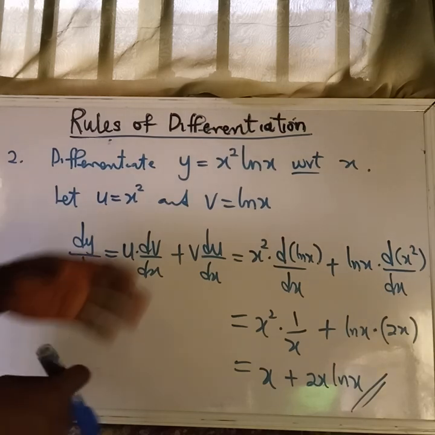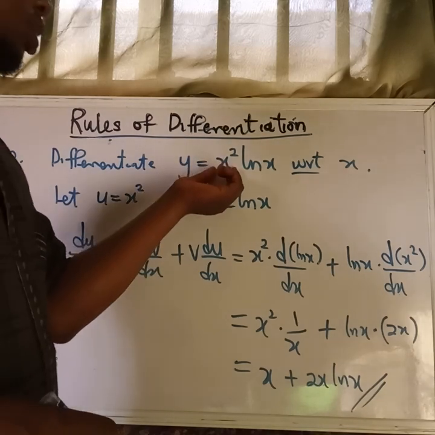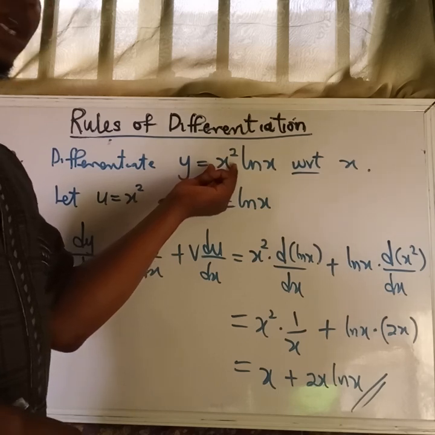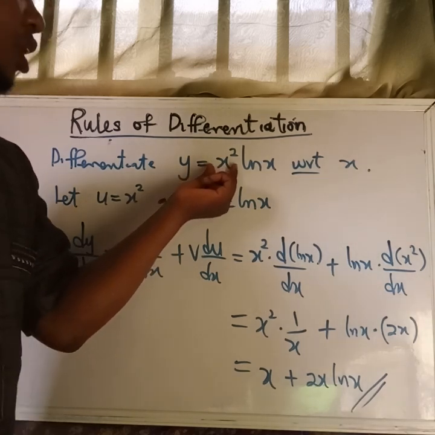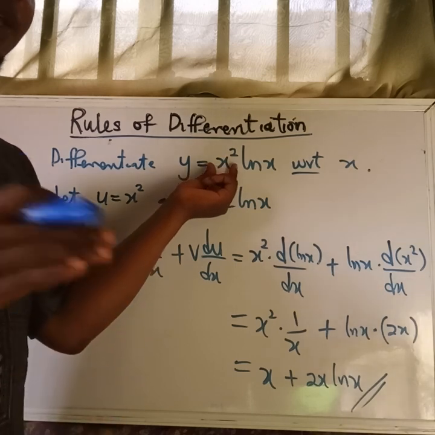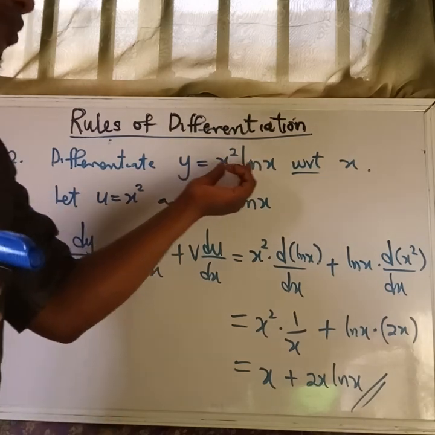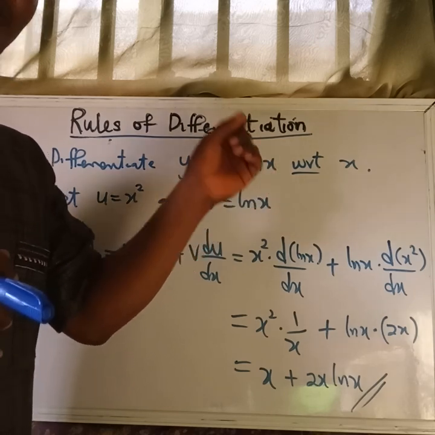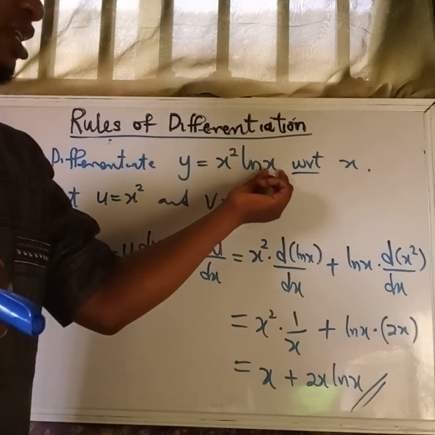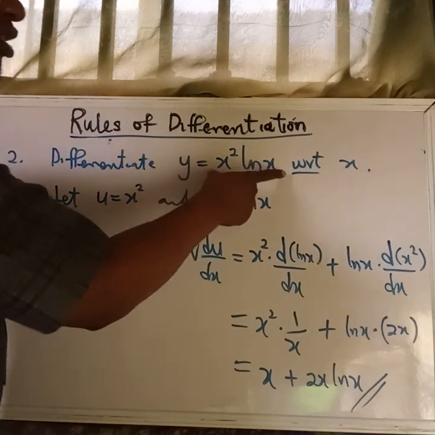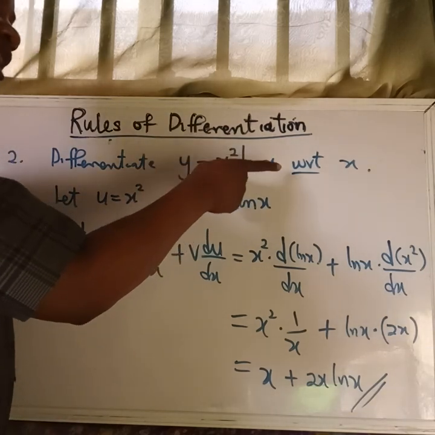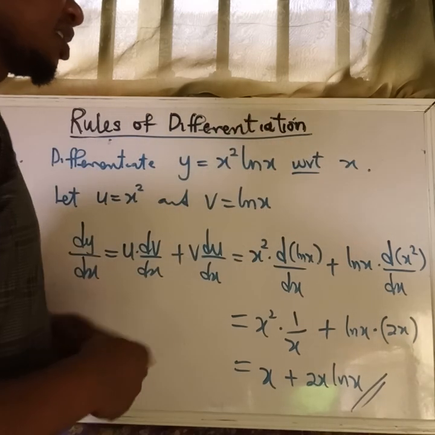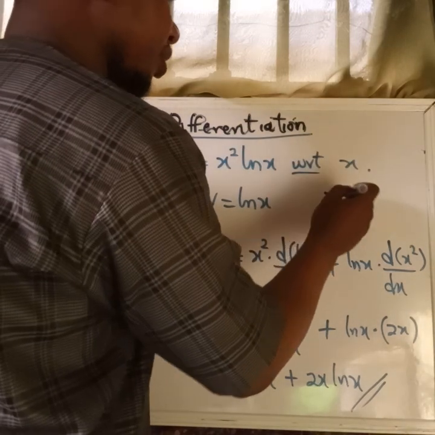Again, looking at the domain of this function, this is a quadratic function, and it is differentiable everywhere in the domain of R. But this function is multiplying a logarithm function, which is only differentiable for positive x. So since these are multiplying one another, we'll say that this function is only differentiable when x is positive.